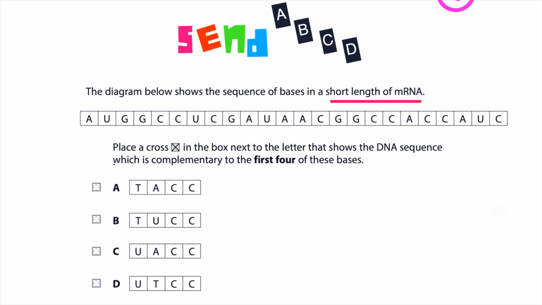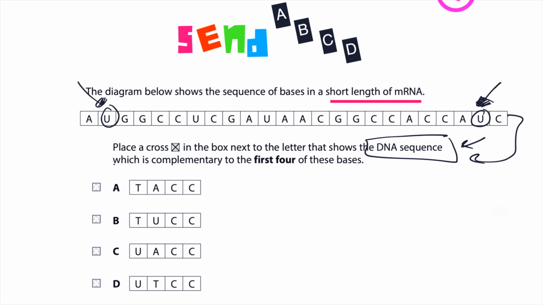Now, this is a quite simple question. They just gave you a strand from messenger RNA, and they wanted you to find the opposite strand on DNA, right? You can see here it's mRNA language, or RNA language in general, because you have the mononucleotide uracil. But you need now to convert it to the DNA language, the one that contains thymine. So the first thing I would do here is cancel out option C because it has uracil.